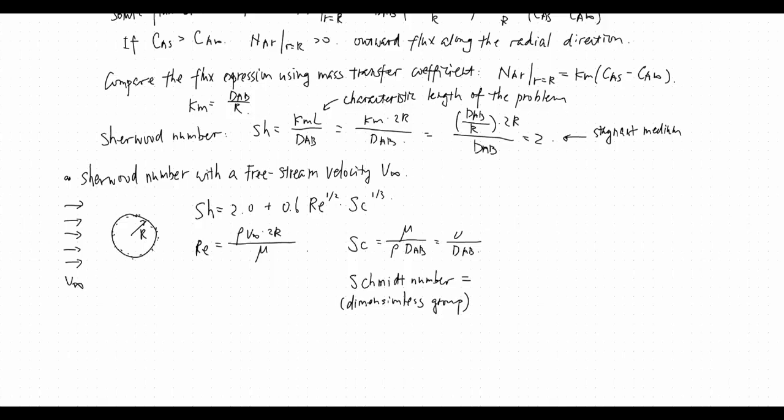The numerator is the kinematic diffusion coefficient, so it means the momentum diffusion of the fluid. The denominator is the mass diffusion of the solute.